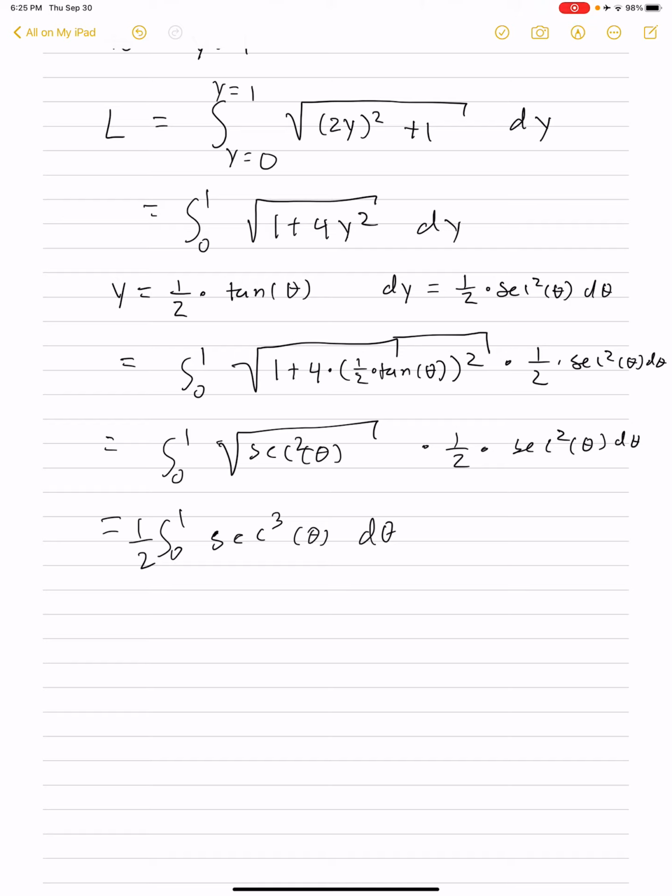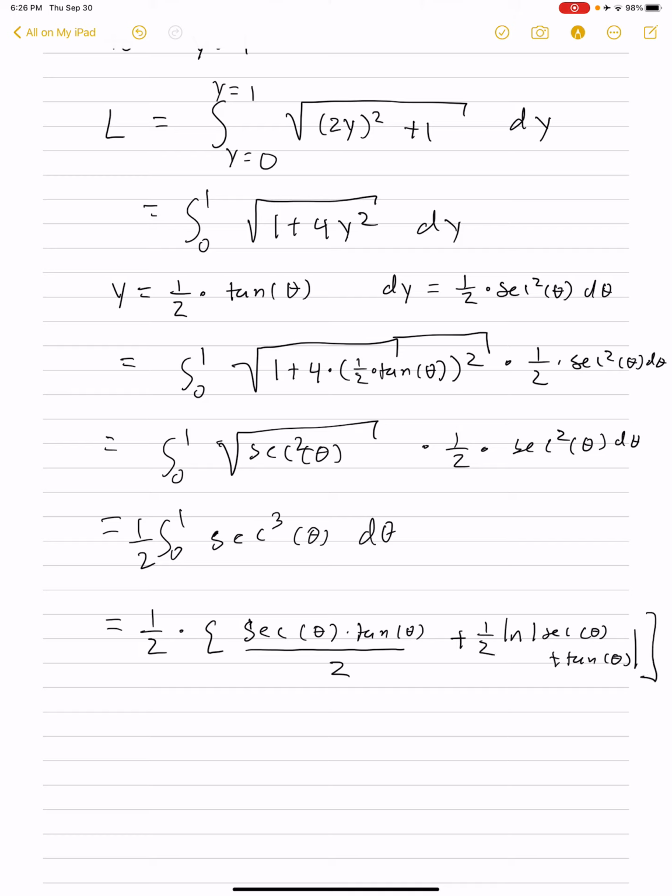So in class, I gave this antiderivative of secant cubed, and the antiderivative was going to be 1/2 times secant of theta times tangent of theta over 2, plus ln of secant of theta plus tangent of theta, and this was also multiplied by 1/2.